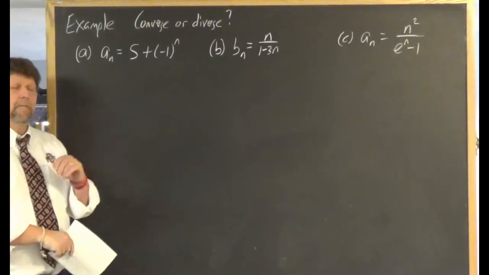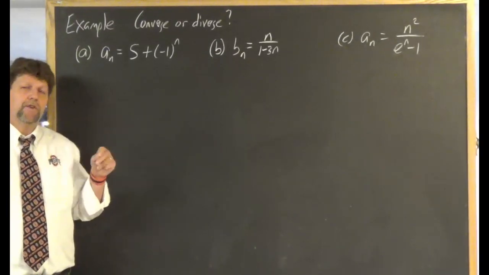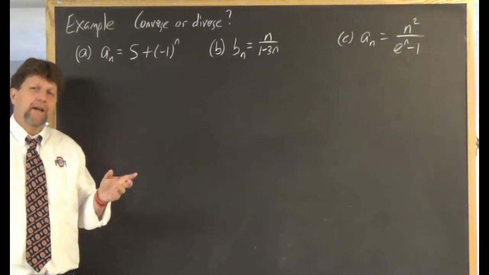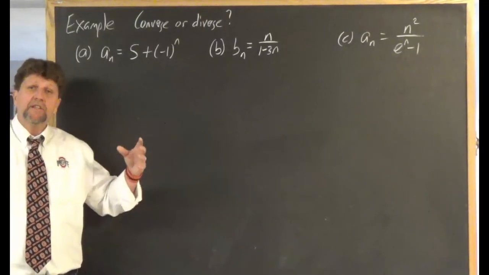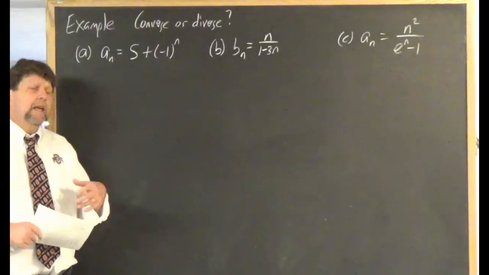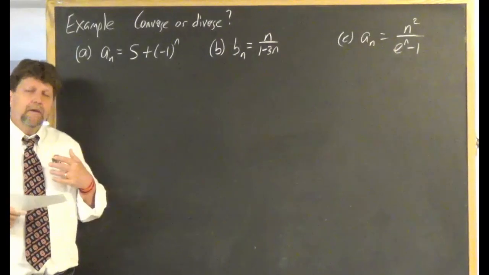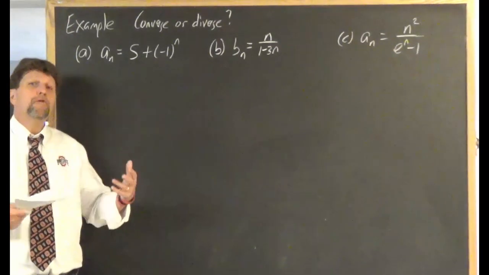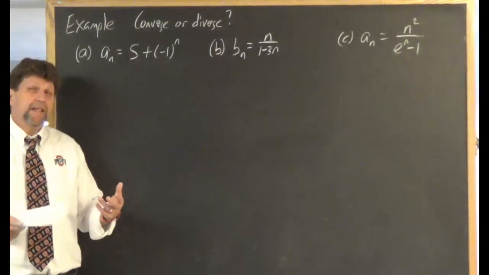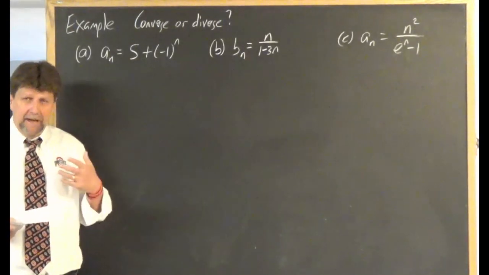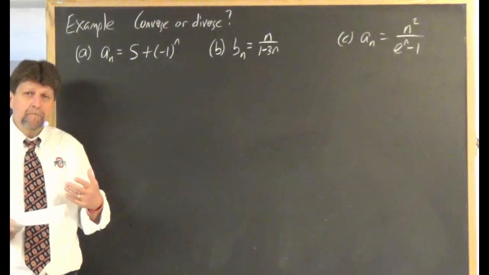All right, in this example, we are going to determine if the given sequence converges or diverges. And if it does converge, we're going to say what the limit is. At the beginning, it might not be a bad idea to list some of the first few terms of the sequence, like maybe the first 4 or 5 terms, to have an idea of what's happening.